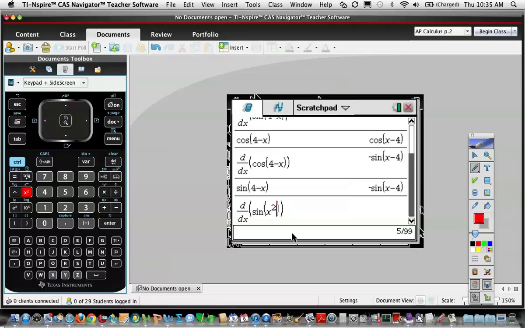Just take a guess. 2x cosine x squared. Well, first of all, there should be a cosine, for sure. And there should be a cosine x squared, because we always leave the inside alone. The problem is, what do we kick out?